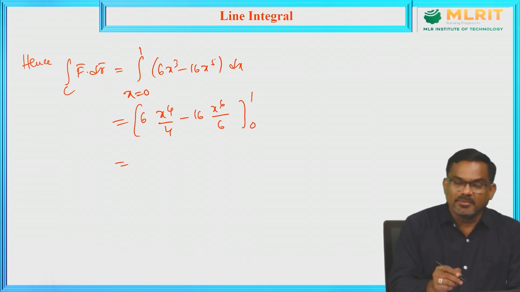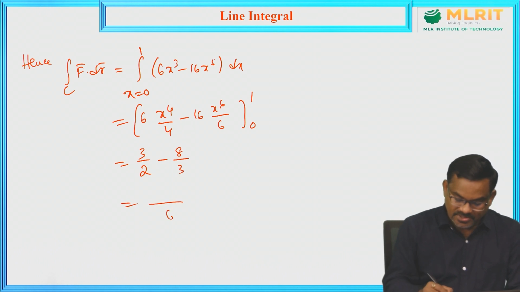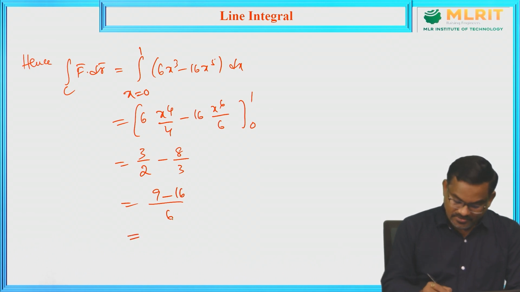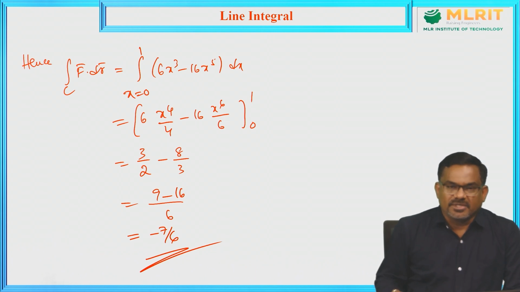So upper limit is 1. So 6 by 4, which is 3 by 2, minus 8 by 3. So LCM 6: 9 minus 2 into 8, 16. So which is minus 7 by 6. This is the line integral in the present case.